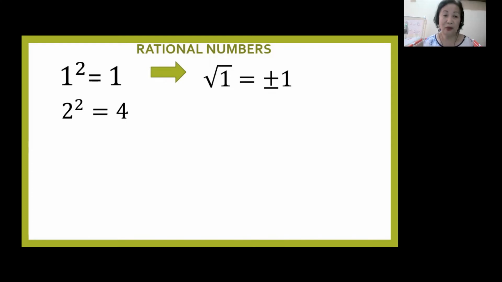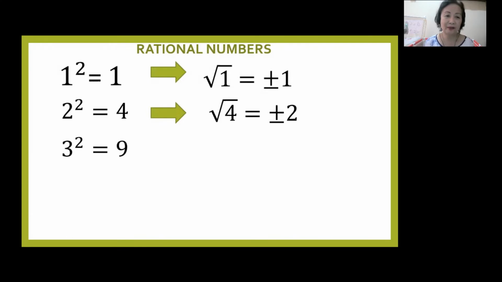Another number, if we are to multiply 2 times 2, you can write it as 2 squared, and 2 squared is equal to 4. Now, if we are going to have a radical number based from this, we say it is square root of 4. And square root of 4 is positive and negative 2. Likewise, 3 times 3, or 3 squared, is equal to 9.